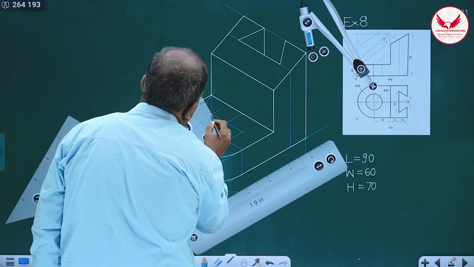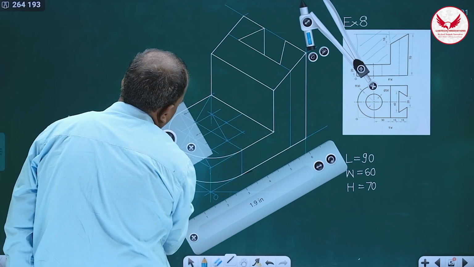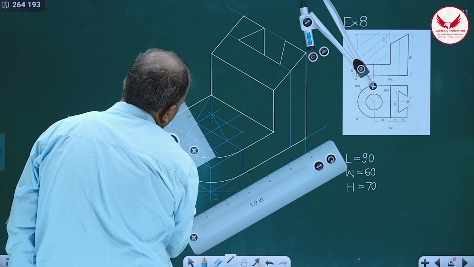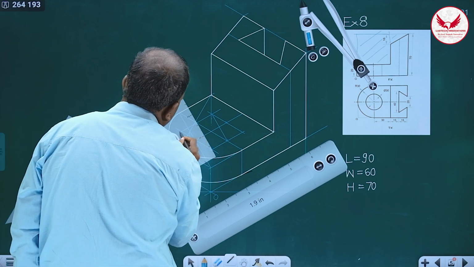See, from one center to its opposite side's midpoint. Then from this center, automatically, its opposite side's midpoint.